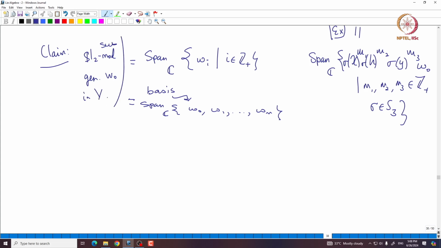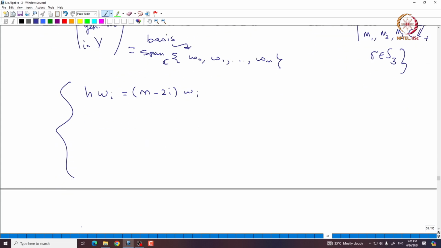The action of SL2 on these vectors is given as follows. When you take H acting on Wi, you get (m minus 2i) Wi. This is exactly the formula that we have seen already, the one you see in SM.